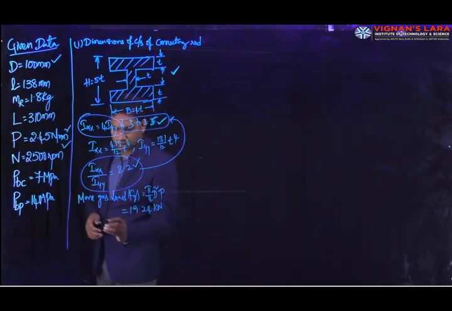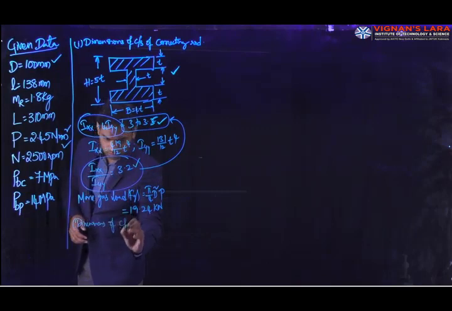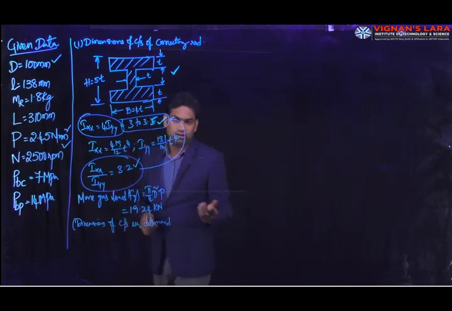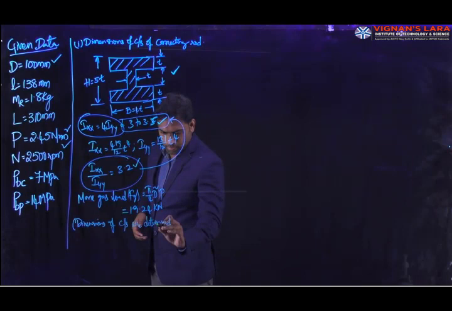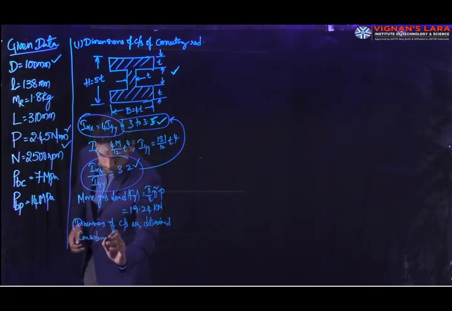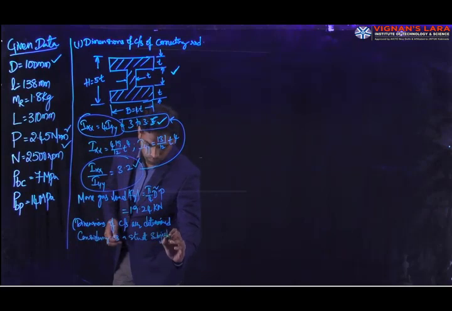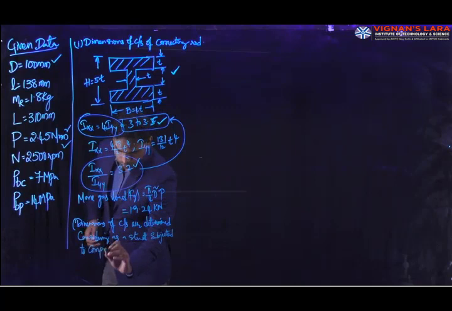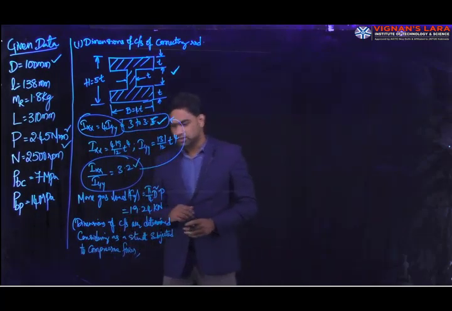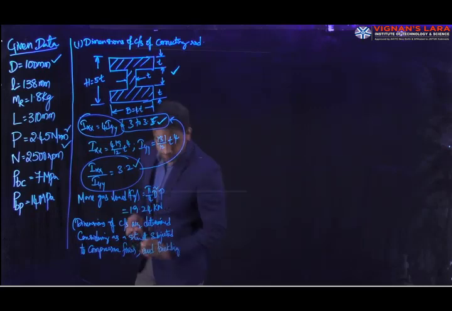So we need to write the statement clearly here: the dimensions of the cross section are determined considering it as a strut subjected to compressive force, and the buckling effect can be taken.